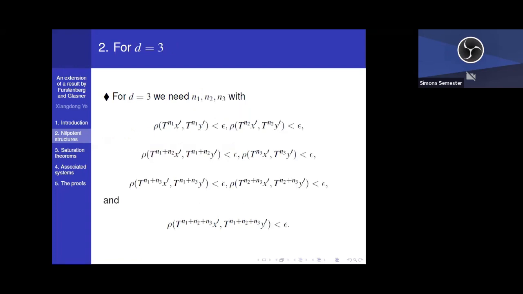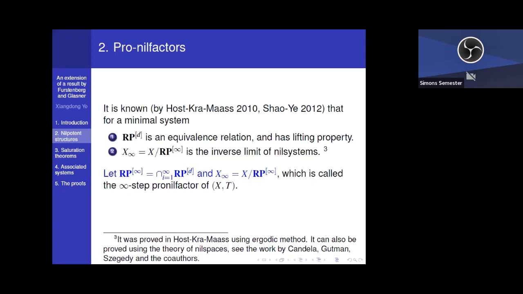For d equal to 3, you find n1, n2, n3, so it satisfies 7 conditions: n1, n2, n3, n1 plus n2, n1 plus n3, n2 plus n3, n1 plus n2 plus n3. By the result of Host, Maass and Ye, we know that this is an equivalence relation.